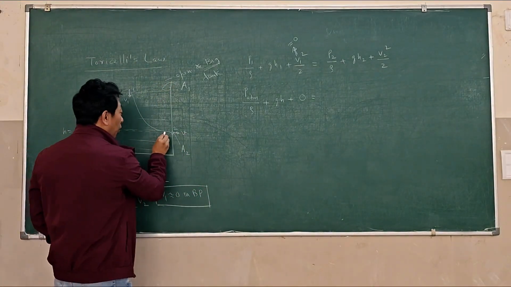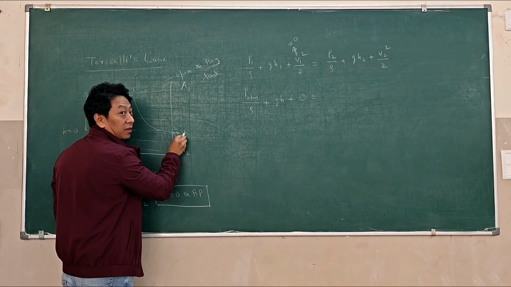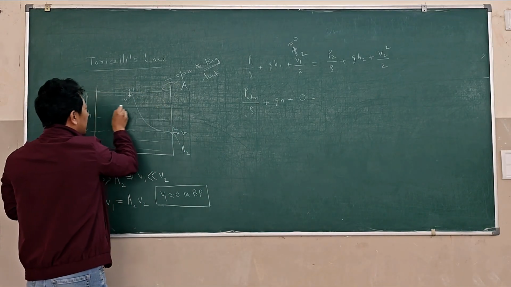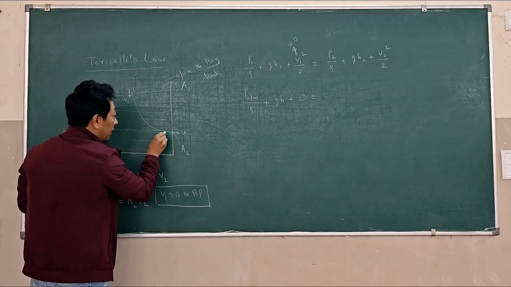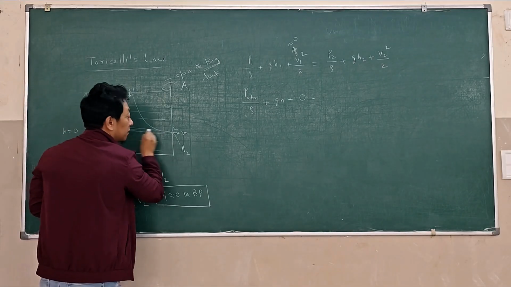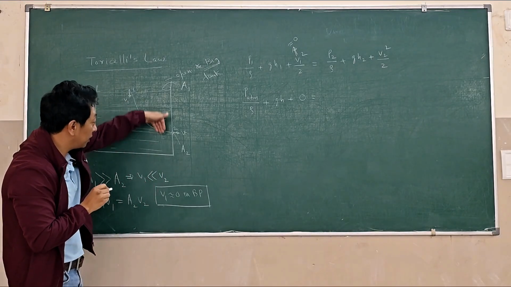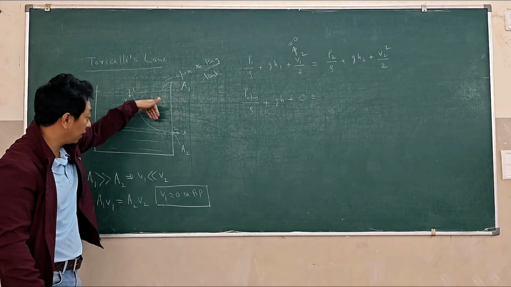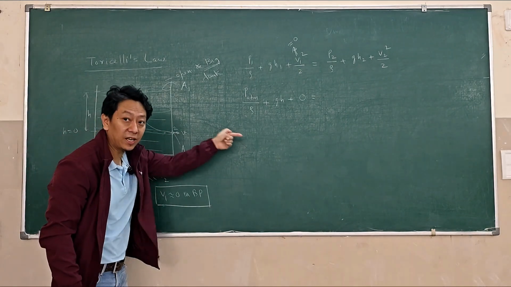But if you choose this point, you will not get this V. You will get this V1, because this area is the same as this area, and that area is the same as this area. So here the velocity of flow is the same as V1. That is very slow, but this velocity is very high.